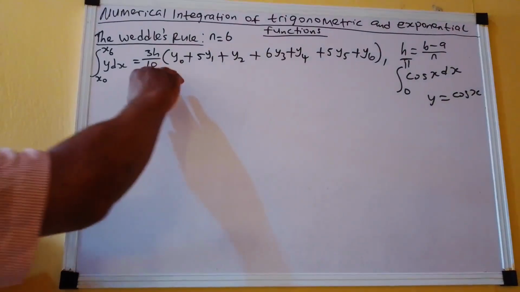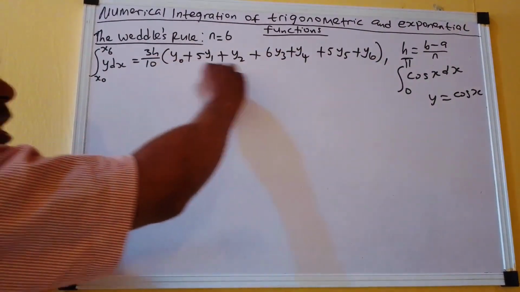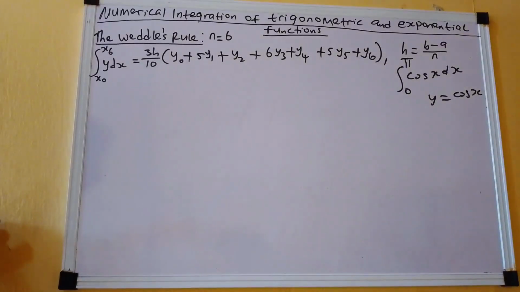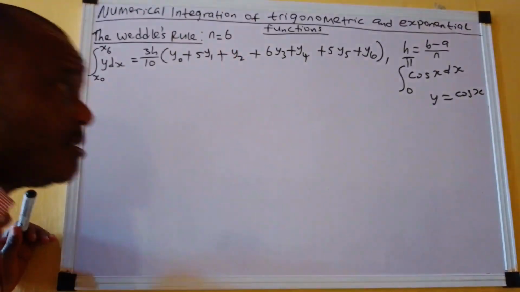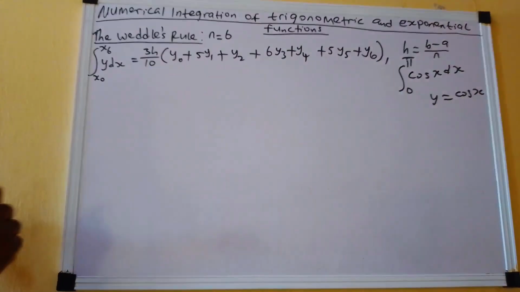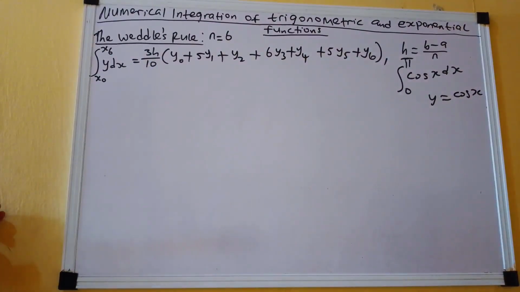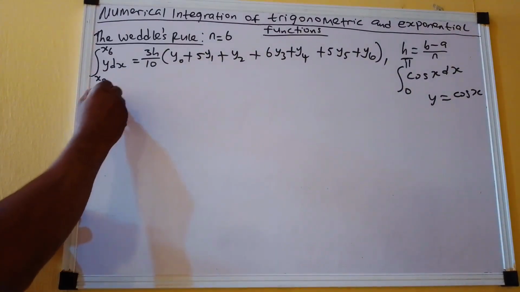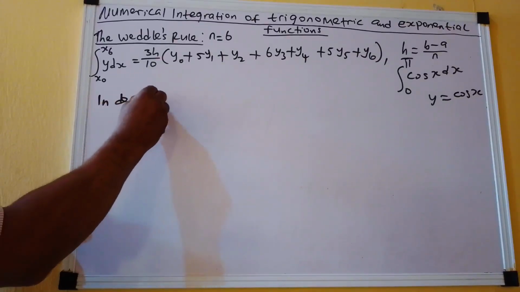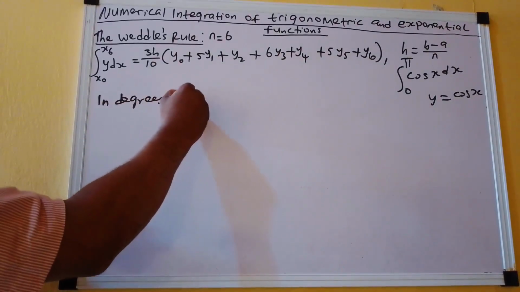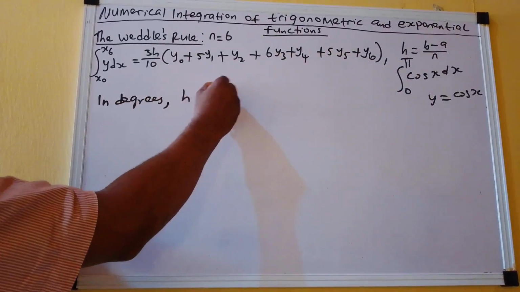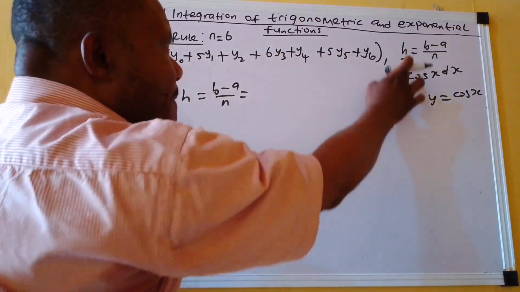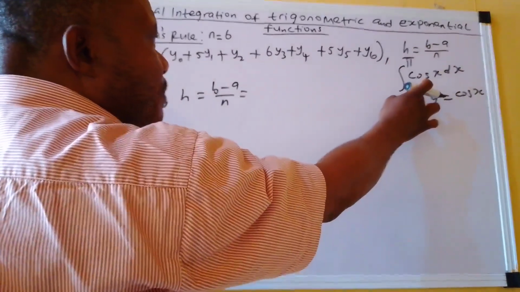So you are going to have 2 h's now. The first h will be for the trigonometric function, in degrees, and the second h will be in radian. So now in degrees, our h is equal to b minus a over n, and here our b is the upper bound, which is pi.